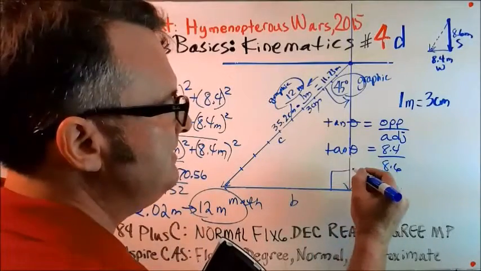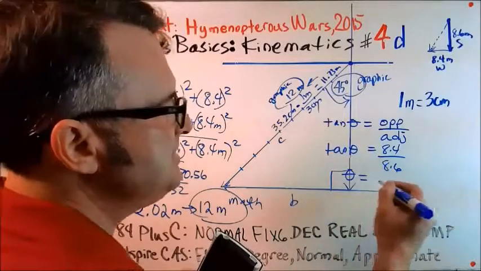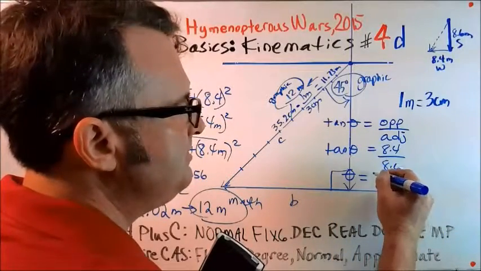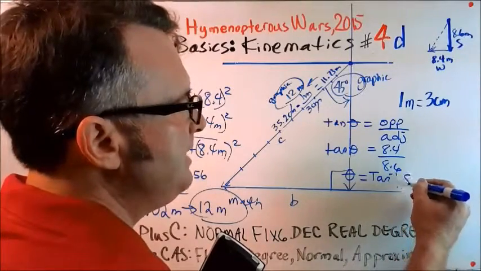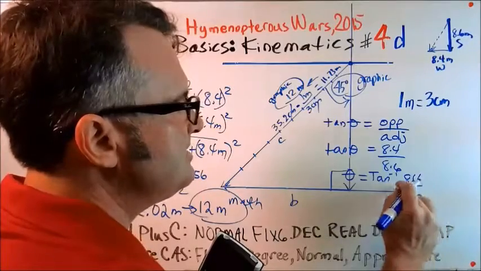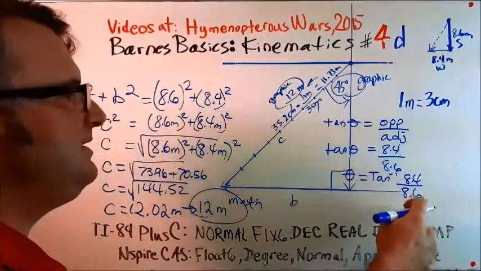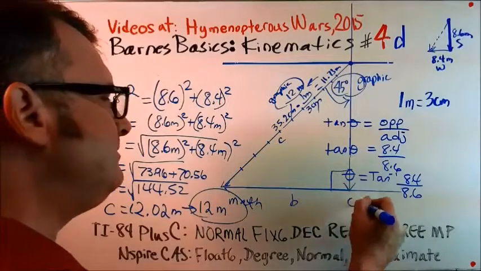So here's how we would keep simplifying this. We would divide by tangent, so theta is equal to tan negative 1, or inverse tan, of this value, 8.4 divided by 8.6. So we're going to divide this number first and then do inverse tan to get theta.